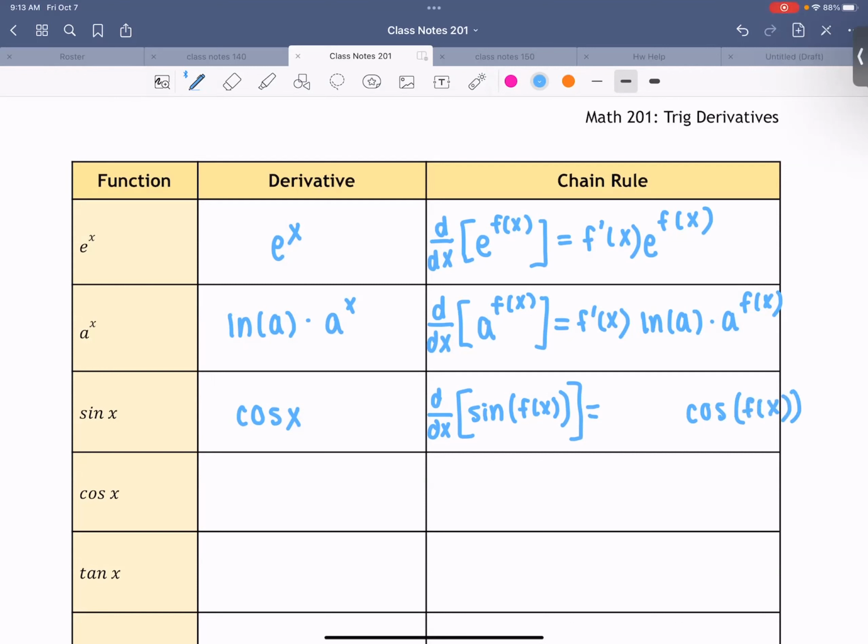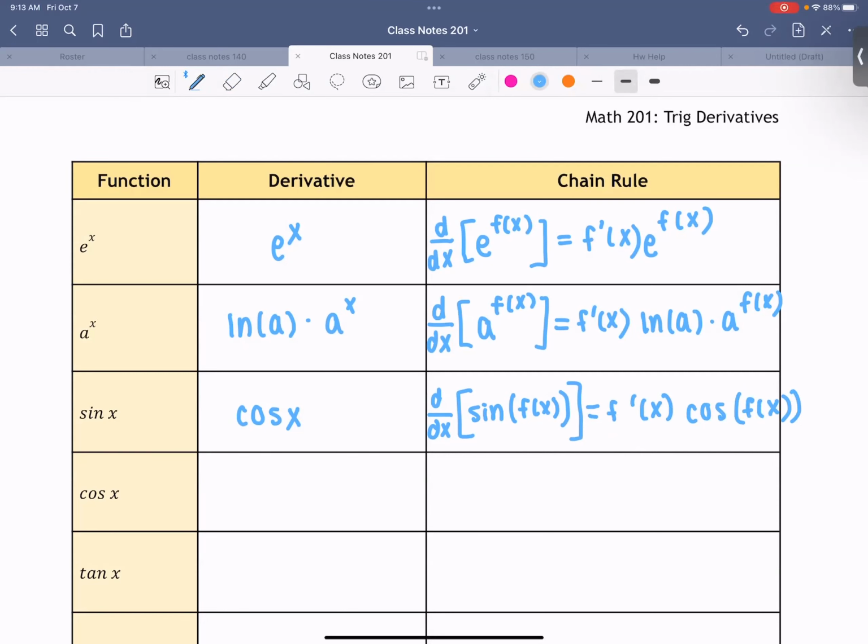Cosine keeping the inside alone, and what are we multiplying it by? F prime of x. We had a lot of words going on there, but we eventually got there, right? Okay, so we're taking the derivative of the outside, leaving the inside alone, and multiplying it by the derivative of the inside. Okay, any questions here?